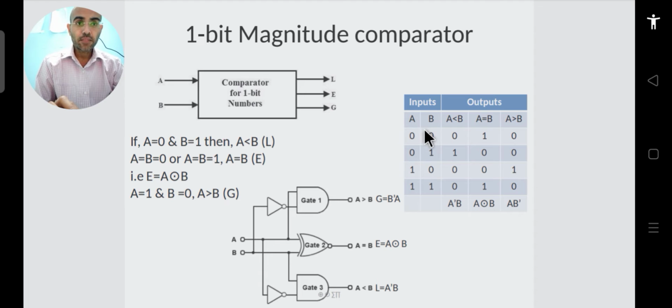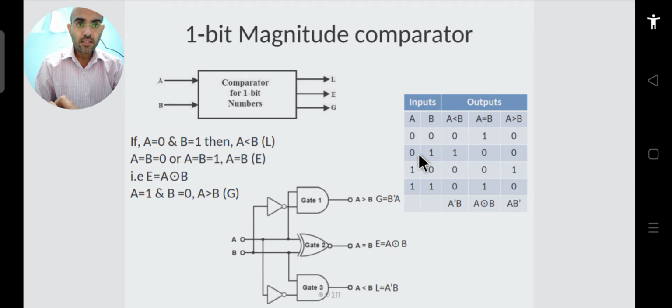Now there are 4 possibilities for 2 numbers. Both of them are 0, 0. Then the 2 numbers A and B are equal, so this A equal to B output will become 1, whereas the other two outputs, A less than B and A greater than B, will be 0.